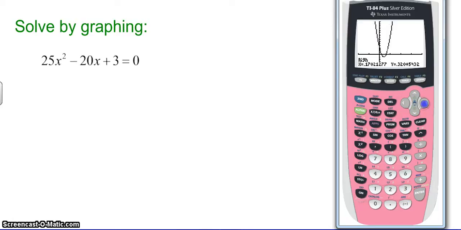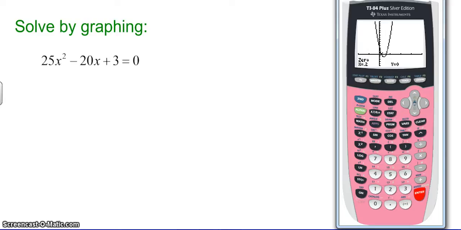And I'm going to swing my spider somewhere to the right and press enter. You'll notice these 2 little arrows pop up. That says that we're looking between these 2 x values to find this 0 right here. Then your calculator makes you guess, so move the spider closer to it, and there's your 0.